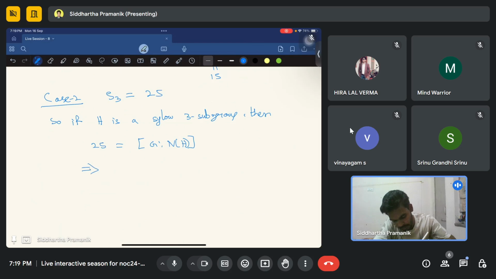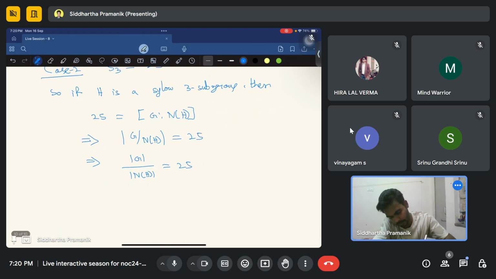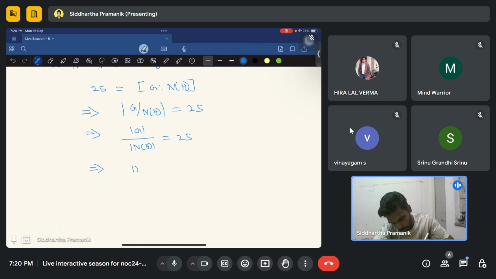So from this, the order of this quotient is 25, and this is equal to the order of G by the order of NH. This is 25. So the order of NH is just the order of G by 25, and the order of G is 375. So the order of NH is 15.